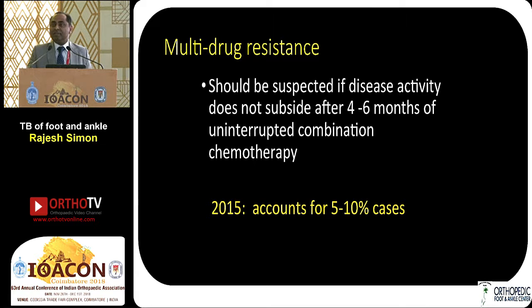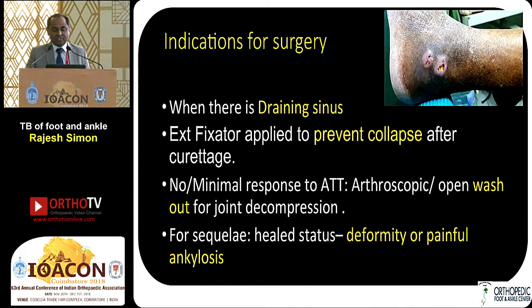If there is no response in 4 to 6 months' time, then you have to think that resistance has taken place. At present, almost 5 to 10% of tuberculosis in the joints and bones is multi-drug resistant.